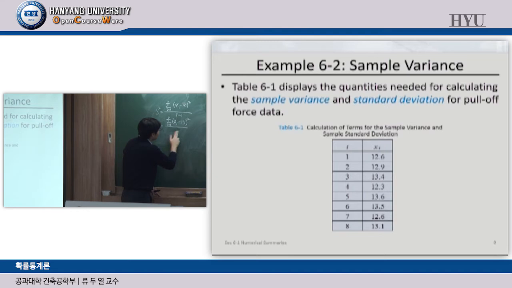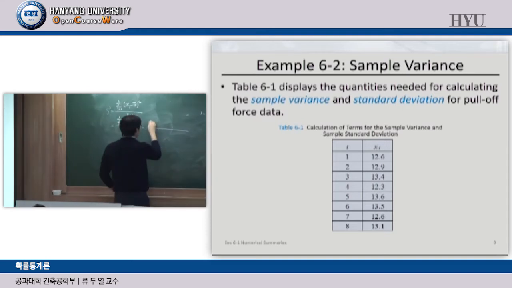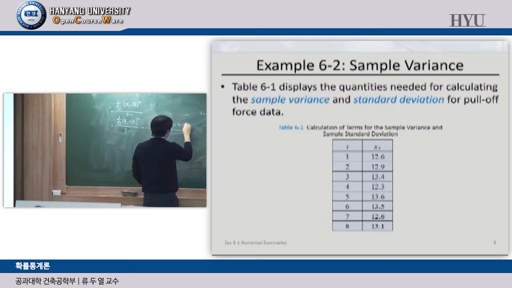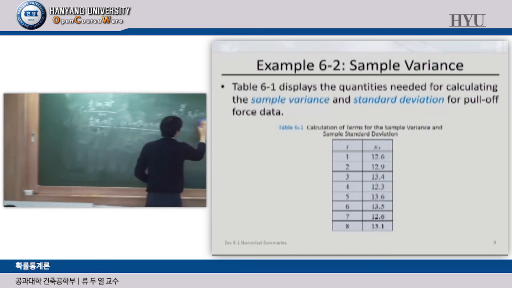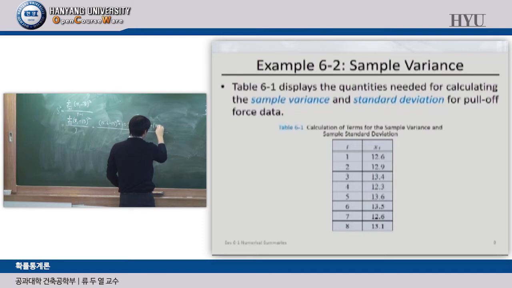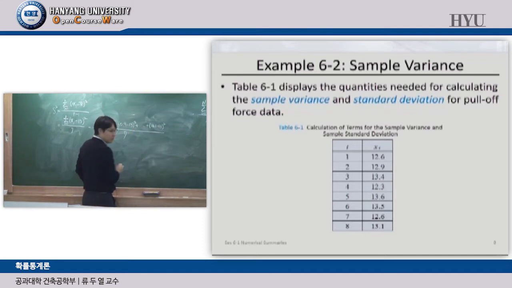Oh, sorry, 7. So this is equal to 12.6 minus 13 squared, plus 12.9 minus 13 squared, plus and so on, minus 13 squared, over 7.